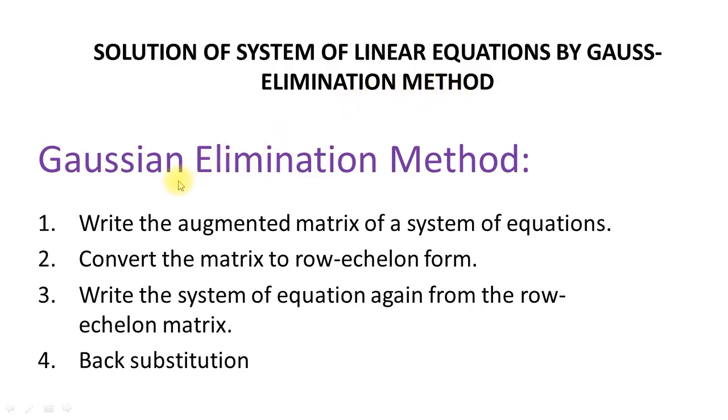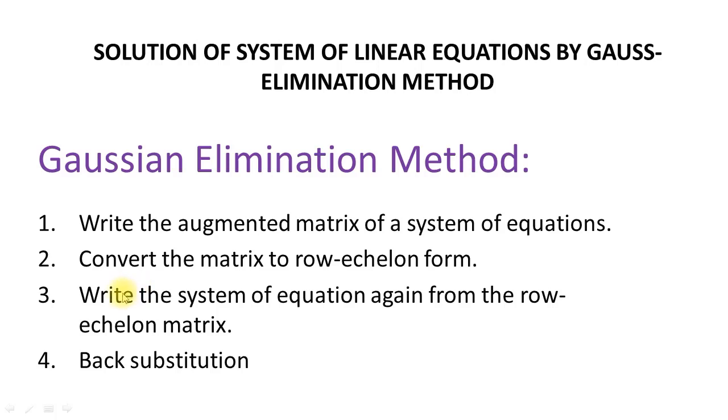The procedure is, first of all, write the given system of linear equations in matrix form, and then write the augmented matrix of the system of equations. And secondly, convert the augmented matrix to row echelon form.